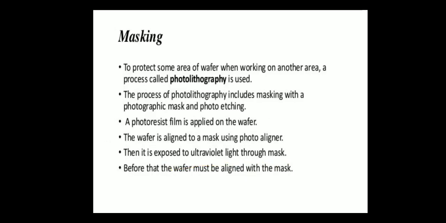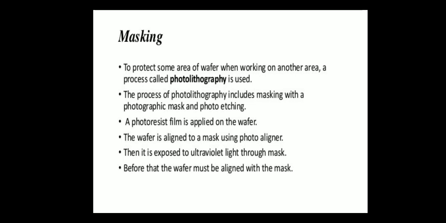Now masking. After the etching process, that is the removing of the unwanted material, we have a step called masking. Masking protects some area of the wafer when working on other areas, and a process called photolithography is used. Photolithography involves two processes. The first one is the making of a photolithographic mask and the second one is photo etching.